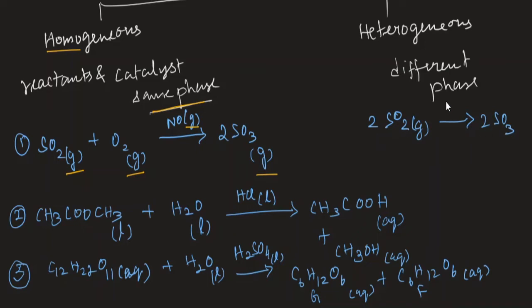So here the platinum acts as a catalyst, where you can find platinum is in solid state, whereas this is in gaseous state, and this is also in gaseous state. So it means the platinum is distinct. The physical state of platinum is solid, and one of the advantages of using a heterogeneous catalyst is it can be removed easily.